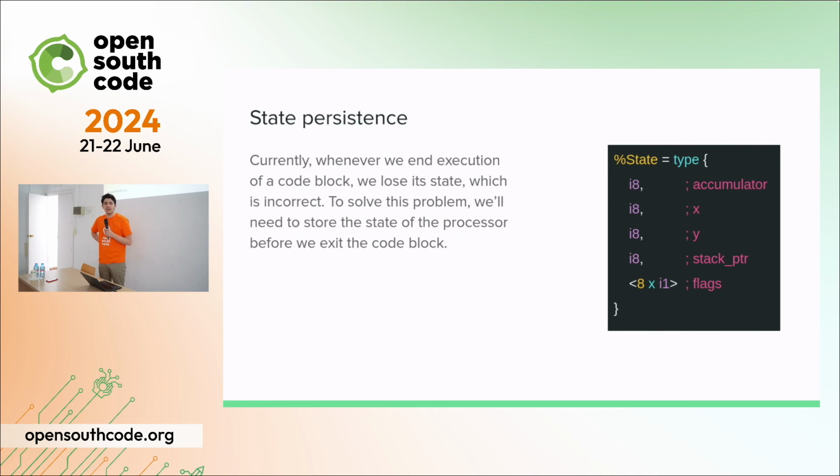So to fix that, we'll pass the CPU state as a pointer to a region of memory that actually has the current CPU state. And whenever we're about to exit our function that simulates 6502 code, we'll write any changes that we did to the CPU state back into memory before exiting. That way, whenever we run a new code block, we have that CPU state updated, and we don't lose any information, and the program runs correctly.